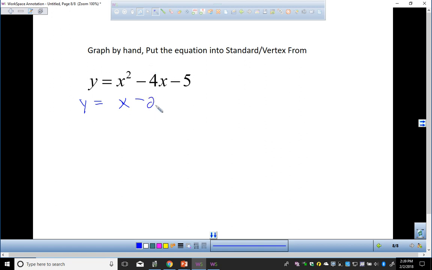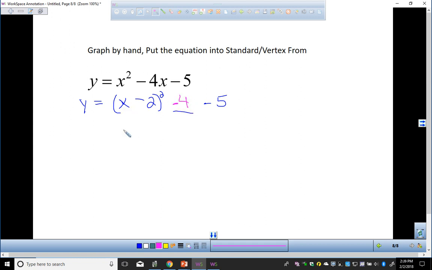So 2) quantity squared, and then you add or subtract. I'm going to put this minus 5 over here, and then I have to figure out what goes here. It's either a plus something or a minus something. Anyone know what that plus or minus is? It's 4. Do I subtract the 4 or do I add the 4? I subtract it, okay? Why do I subtract it?